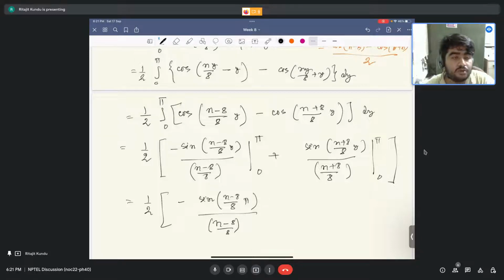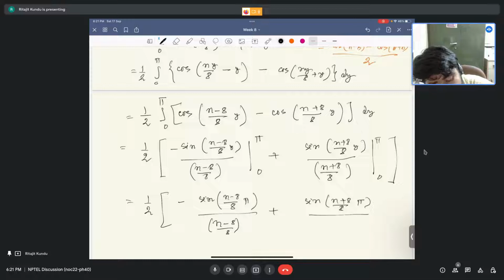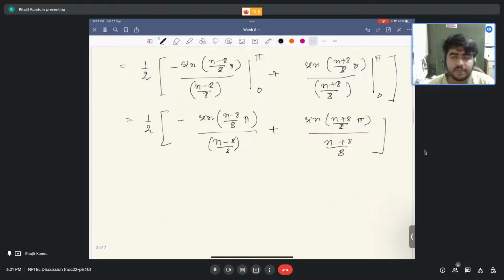When you put 0 in this place, sine 0 is 0, so we don't care about that term. Then it becomes sine of (n plus 8) by 8 times pi over (n plus 8) by 8. This is just plain simple algebra.